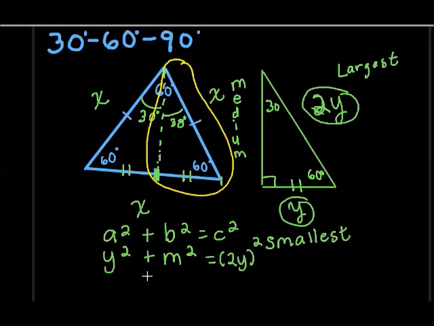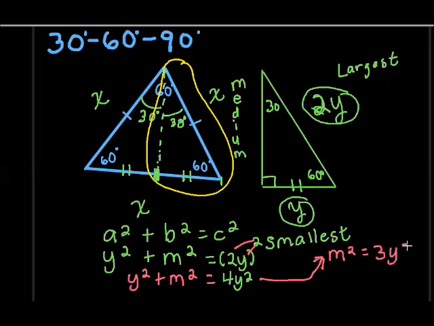What I have now is y squared plus m squared equals (2y) squared. Well, that's going to turn into 4y squared because I'm squaring the 2 and the y. So 2 squared is 4. So now I've got y squared plus m squared equals 4y squared. If I subtract y squared from both sides, I now have m squared equals 3y squared.